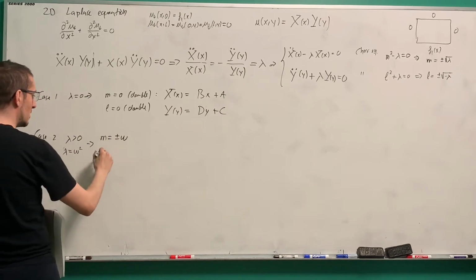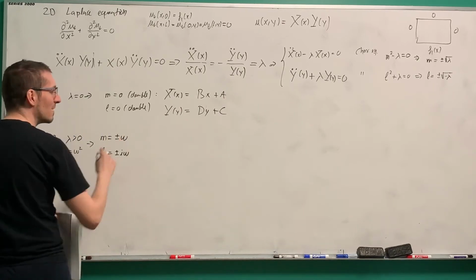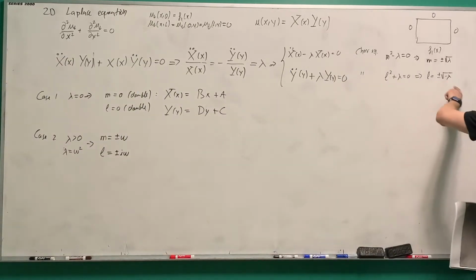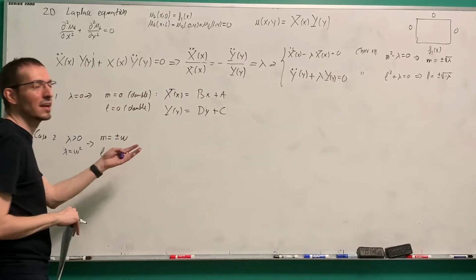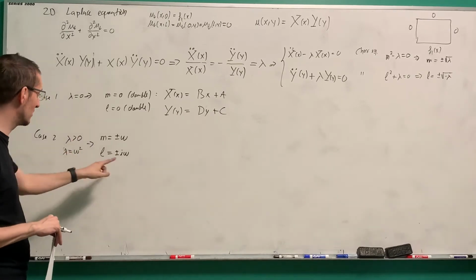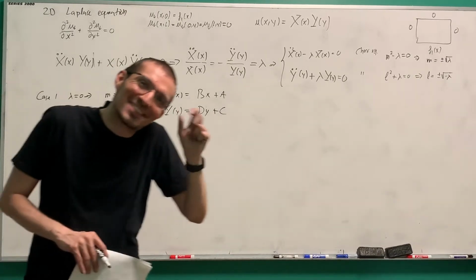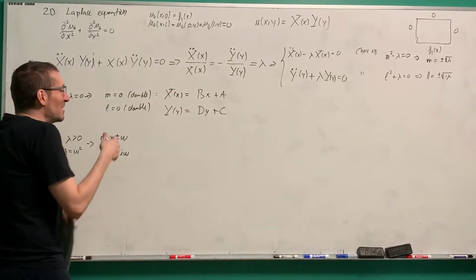But interesting enough, L would be plus minus i omega. You see, it's the square root of minus omega squared, omega being positive. Omega squared is positive, minus omega squared is negative, so we get an i. So you see the cases that we saw before mix in this one. So that is interesting in this case. It's a difference with before.